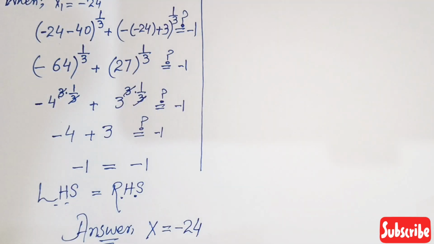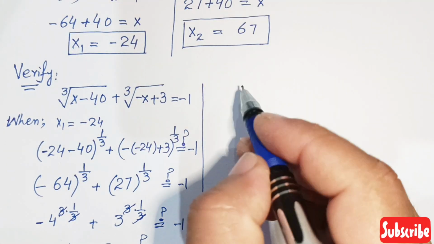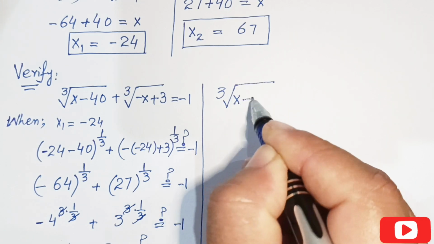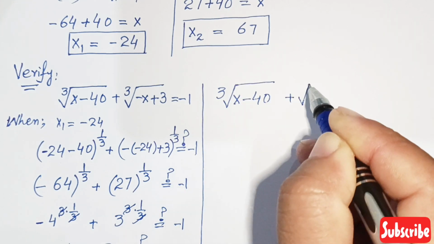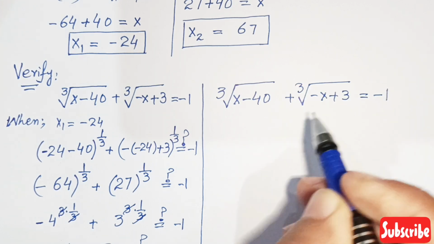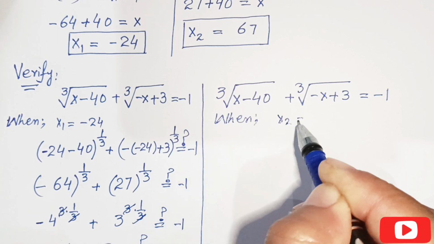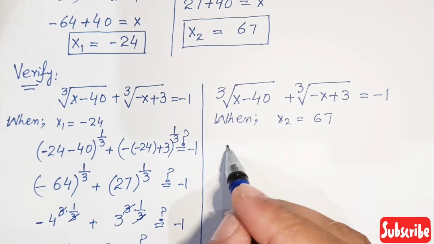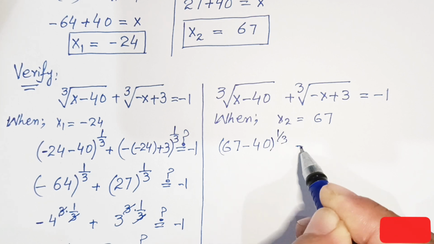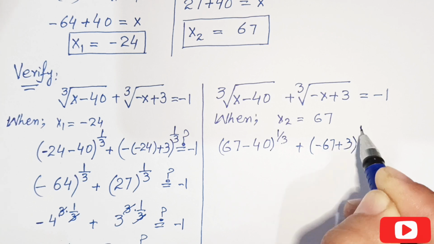Now we are going to verify our second value, which is x2 is equal to 67. So using our problem, cube root of x minus 40 plus cube root of minus x plus 3 is equal to minus 1. Now when x is equal to x2, that is 67, we have 67 minus 40, whole to the power 1 over 3, plus minus 67 plus 3, whole to the power 1 over 3.